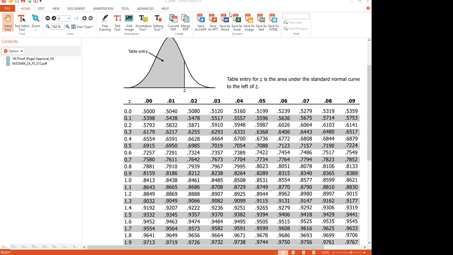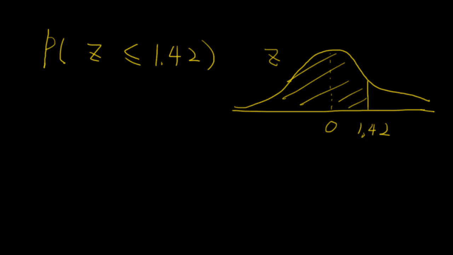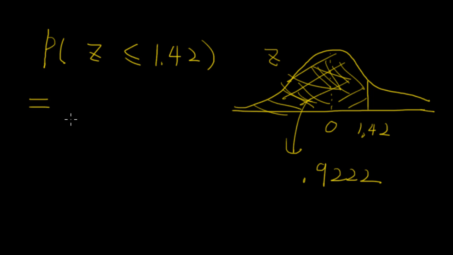So if you go back to the board, according to the table, that proportion right here is 0.9222. So the answer should be 0.9222. That's how you read from the table.